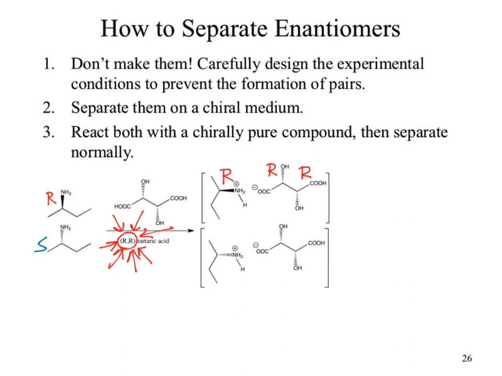R. The other one was S. R. What is the relationship between those structures? Now they're diastereomers. Because they're diastereomers, their physical properties are different, and I can now physically separate these.